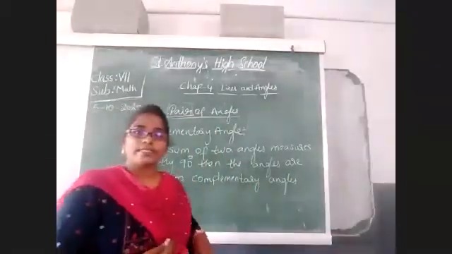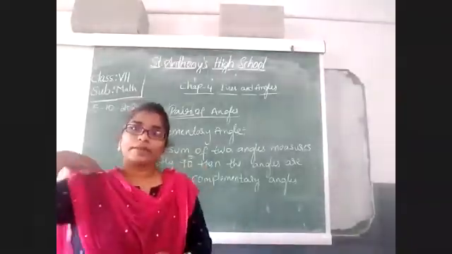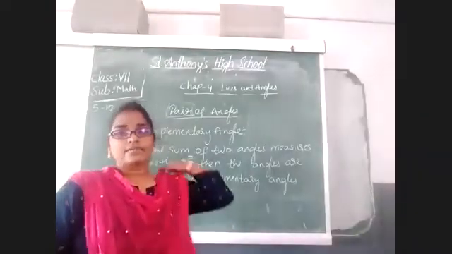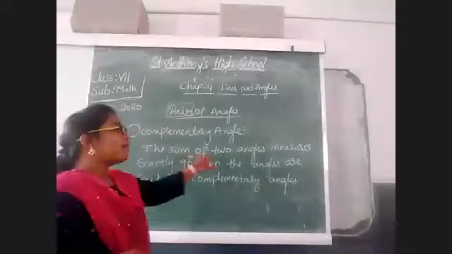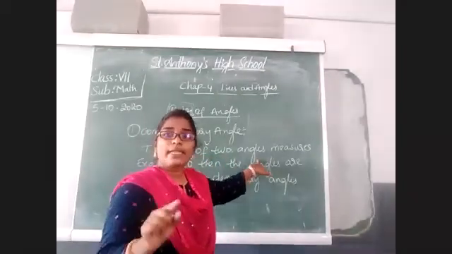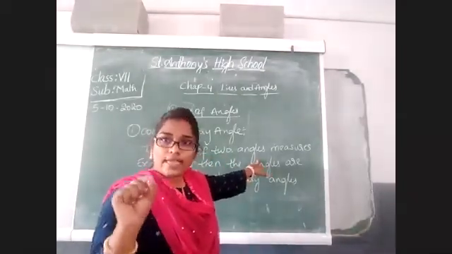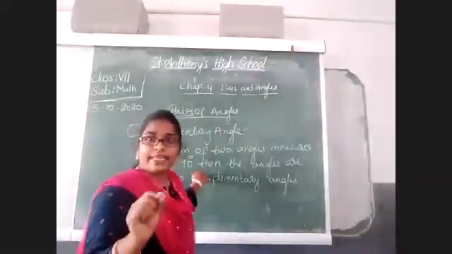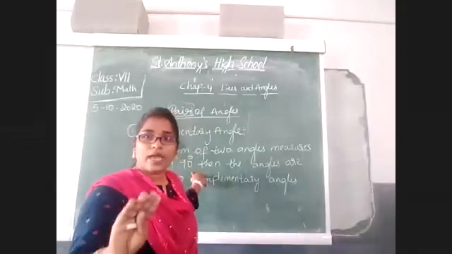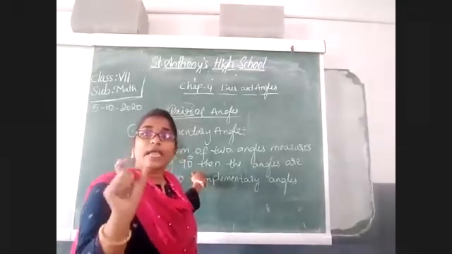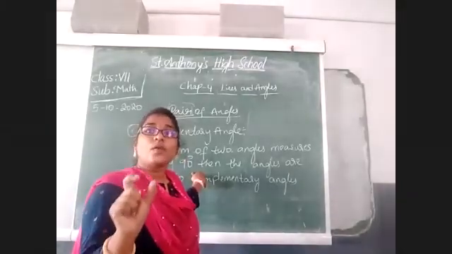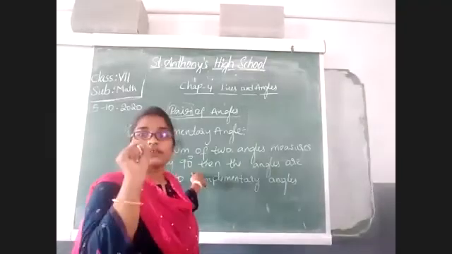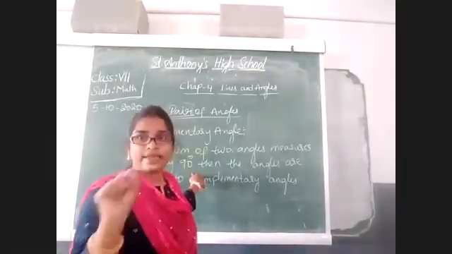Are you able to understand, everyone, what is meant by complementary angles? Complementary angles means when the sum of two angles measures exactly 90 degrees. We can take any two angles, but when we add them, we should compulsorily get the result as 90 degrees.